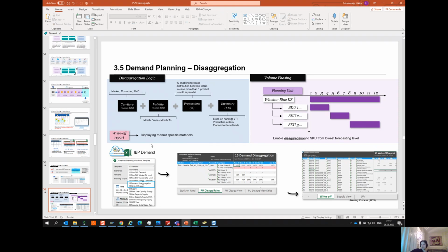Also, this picture mentions the write-off report. Write-off is when, for example, a product reached its shelf life date. Unfortunately, we hit some overproduction, or we had a drastic decrease in demand by our customers, and we have some product which cannot be sold anymore. We need to utilize it, and that's what is called write-off.